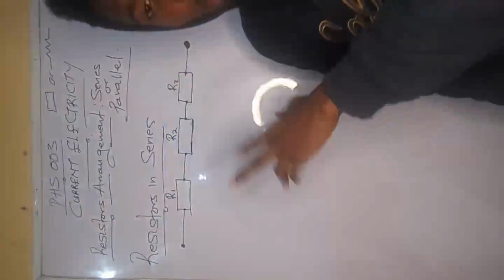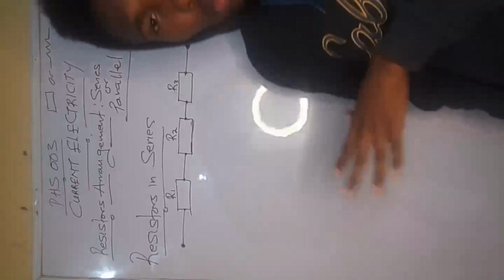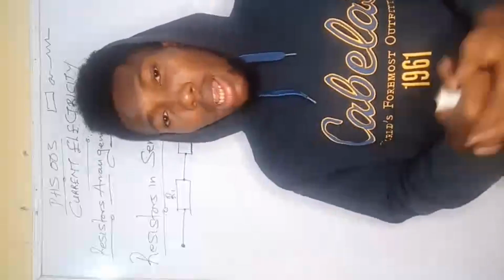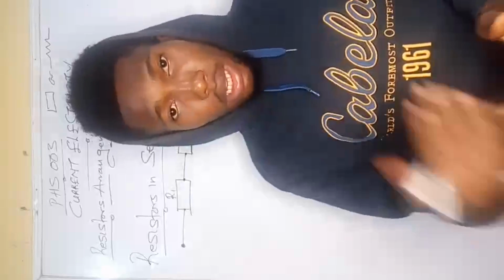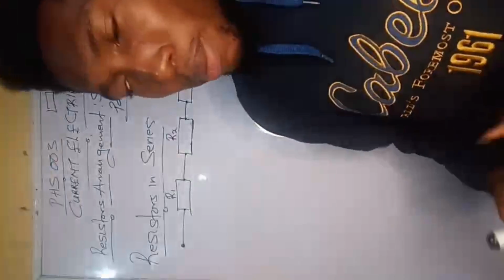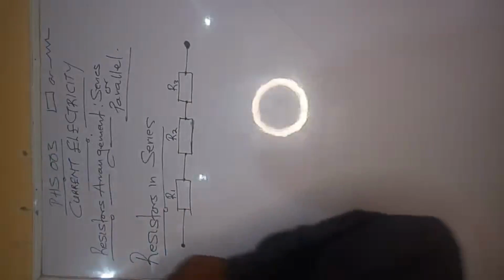Good. There are things you must take note of when you are talking about resistors in series. We have to know how the current flows in a series connection, and how the voltages, the potential differences, are induced in a series connection also. We're going to be talking about that now. In a series connection, listen up.